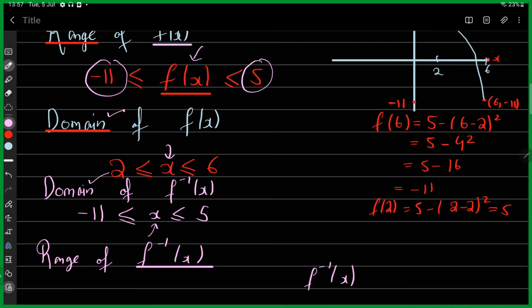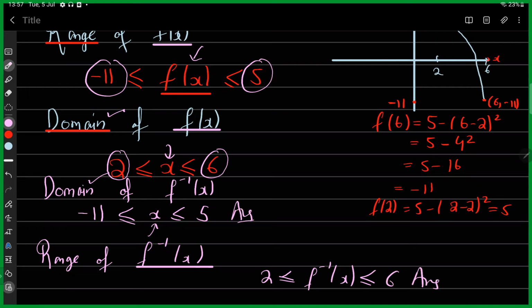We are talking about the range of the inverse function, so I'll be looking at the domain of the actual function. The actual function is this. So the lower limit is 2 and the upper limit is 6. So f inverse of x is greater than or equal to 2 and less than or equal to 6. So this is going to be the answer.